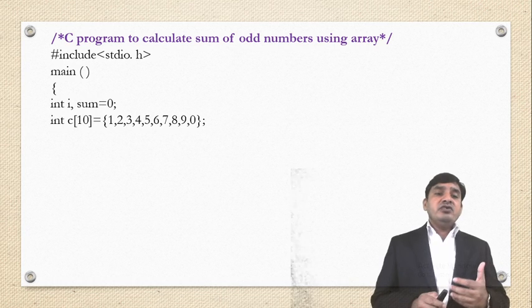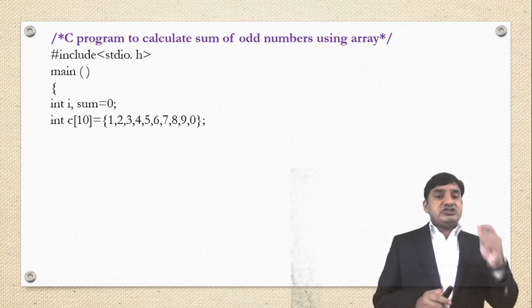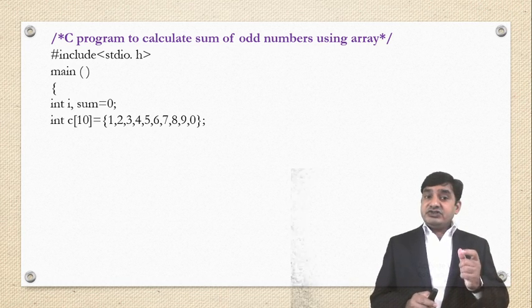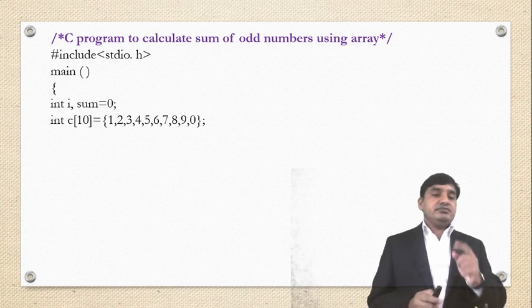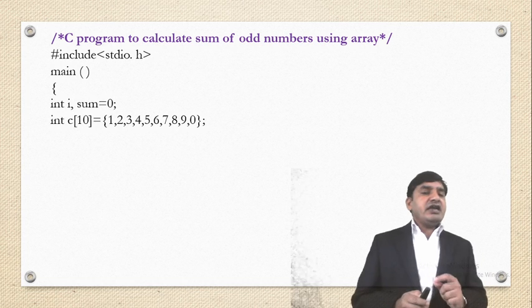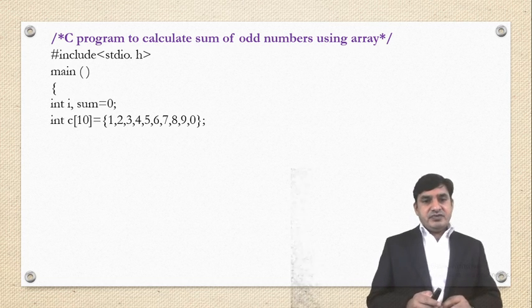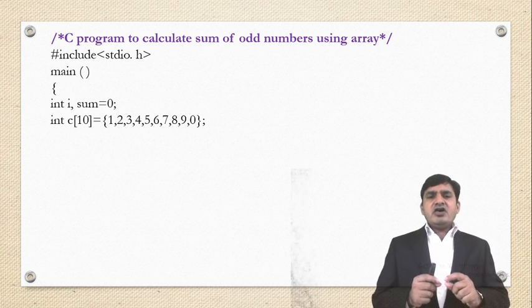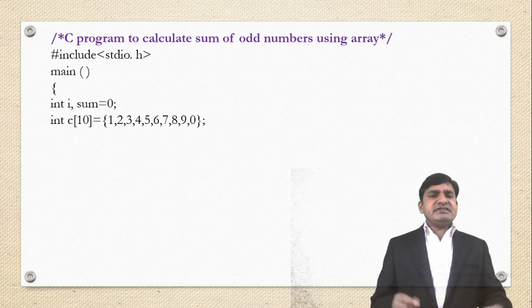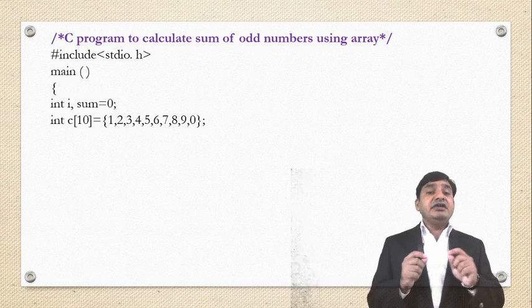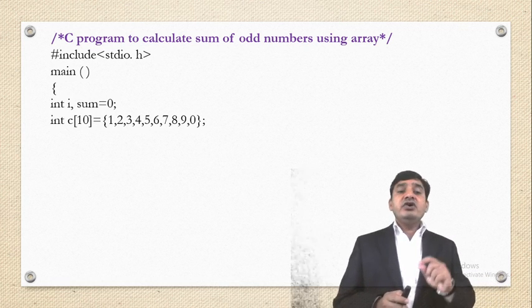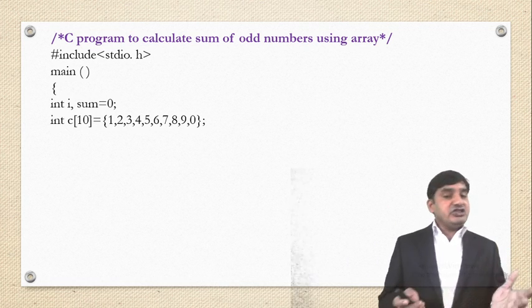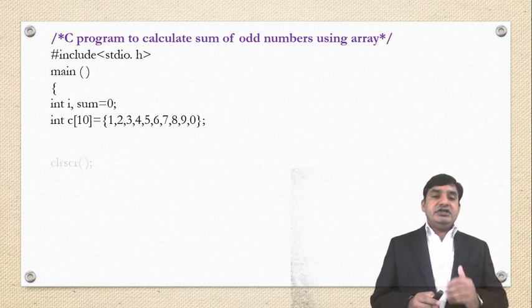Now integer c is the name of the array, the size of the array is 10, and all the elements present in the array are integers, that is 1 2 3 4 5 6 7 8 9 0, all these are integers.